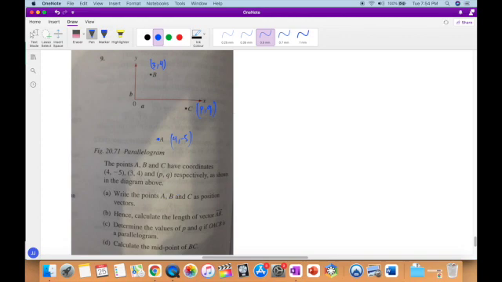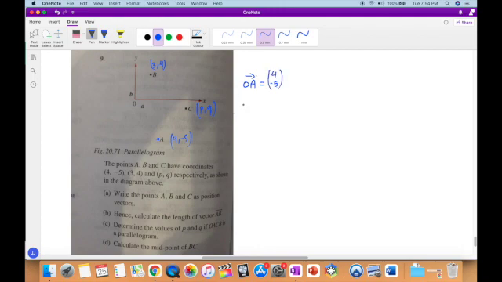Write the points A, B, and C as position vectors. So position vectors, remember they gave us points, so therefore OA as a vector would be (4, -5). That is all.